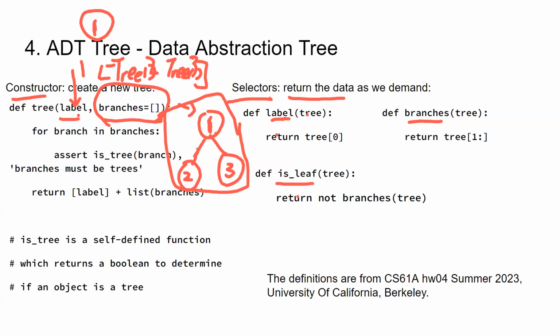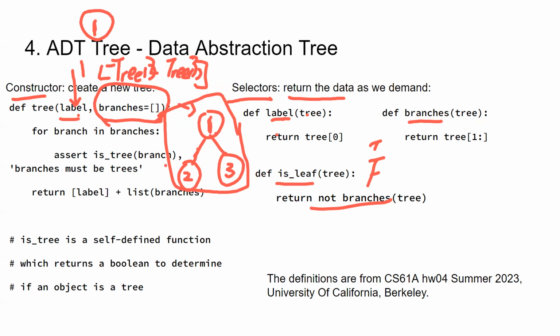And isLeaf function is to pass in a tree, and it returns true or false, so that you can know if the tree is a leaf. Usually it just checks whether they have branches or not. Suppose I put in tree 1, with 1, 2, 3, it returns false because it actually has branches, although each branch is a leaf.